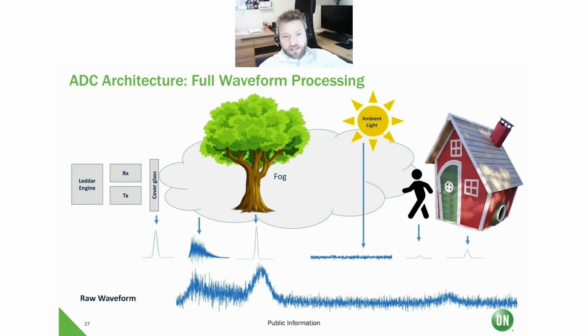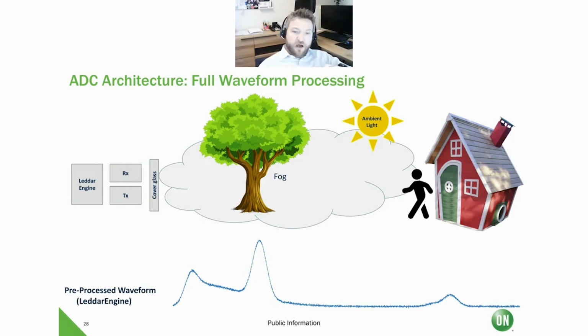And this complete raw full waveform is what we completely capture with the ADC. Then after some pre-processing, we see a much clearer picture of the waveforms in these detections. Out of these waveforms, we can then extract this imperfection. For example, we can extract that there was fog in the view, or distinguish between a low reflective target like the pedestrian and a high reflective target like the house.